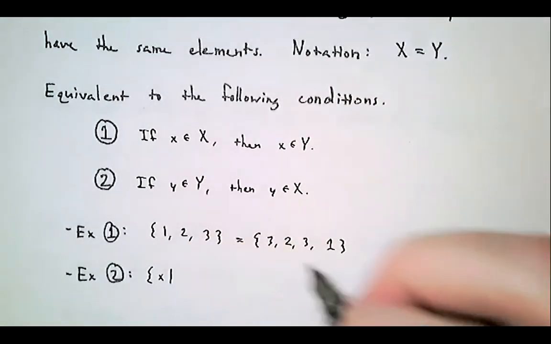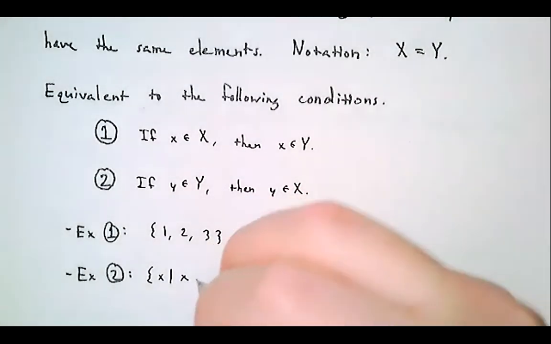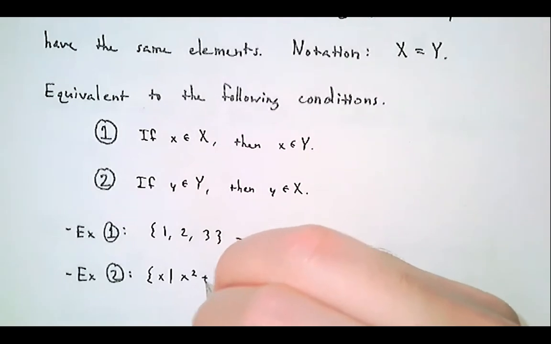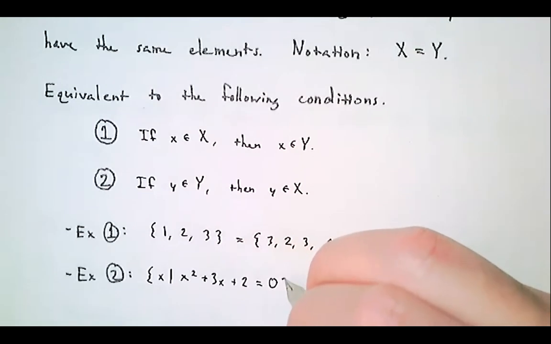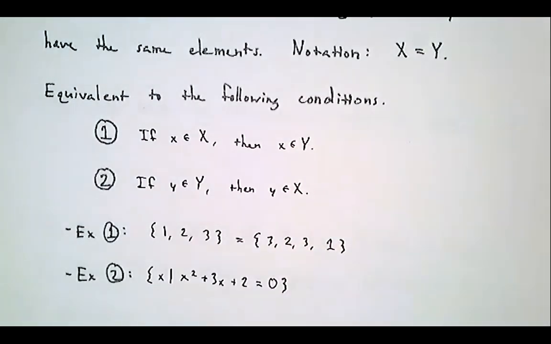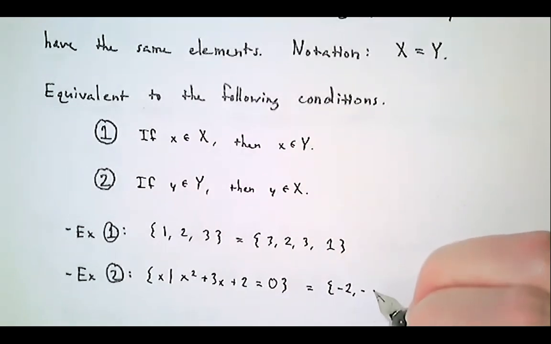And I'll do another example with some set builder notation. Now I have the set of x such that x squared plus 3x plus 2 is equal to 0. And this is actually the same as this other set with two elements, -2 and -1.